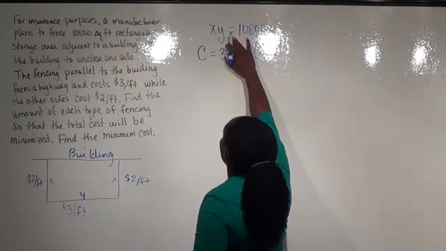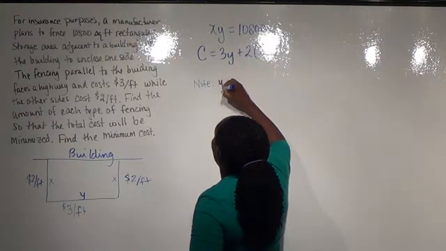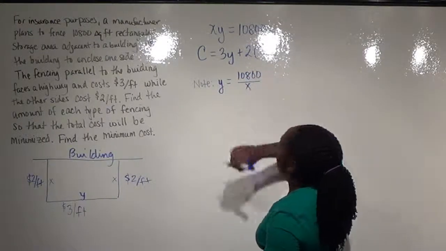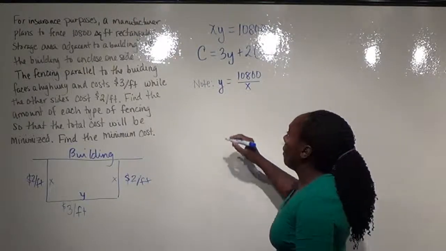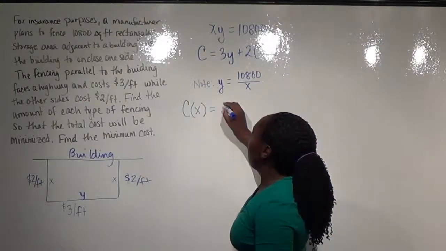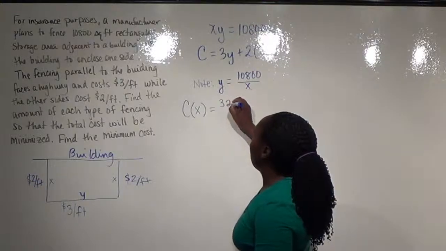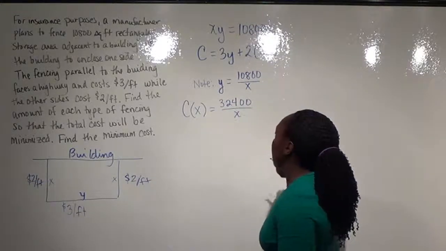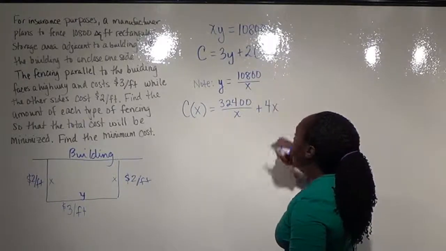We can see here that Y is going to be 10,800 divided by X. So our cost equation in terms of X is going to be 3 times that Y, so 32,400 over X plus the 4X.